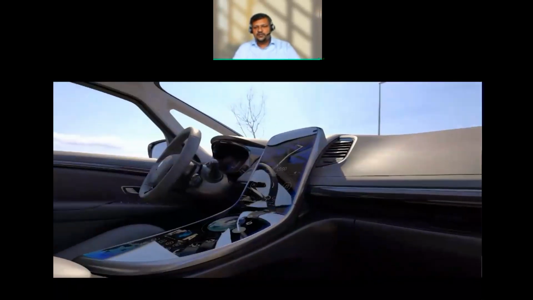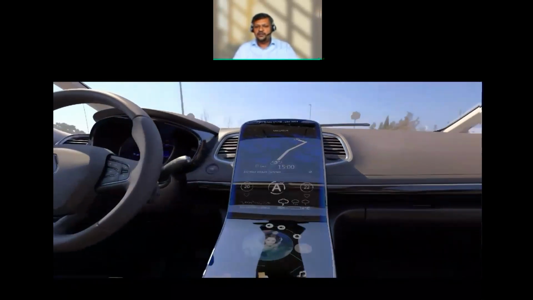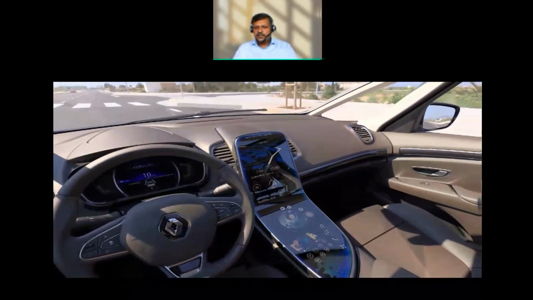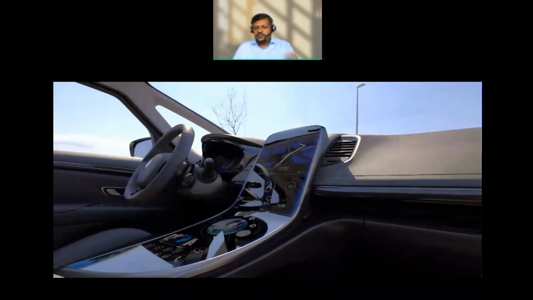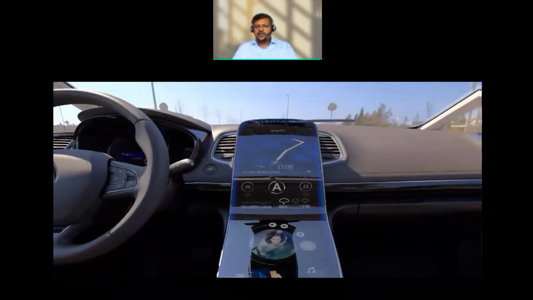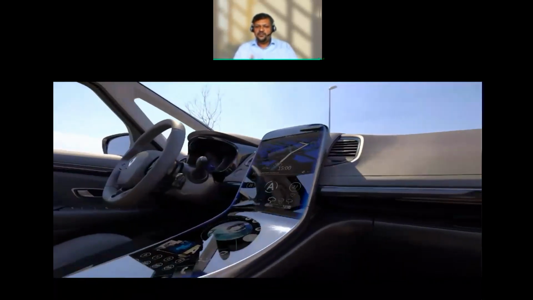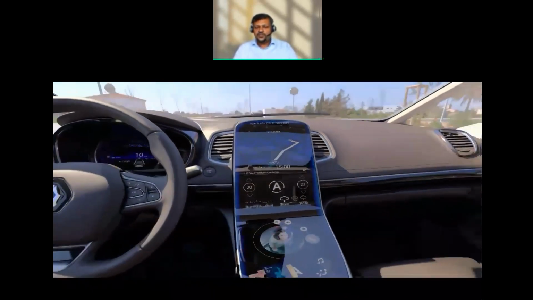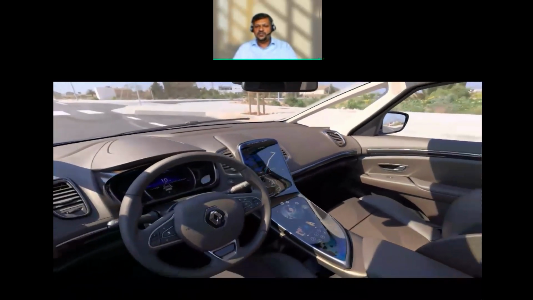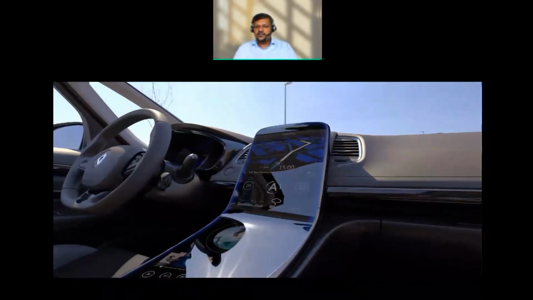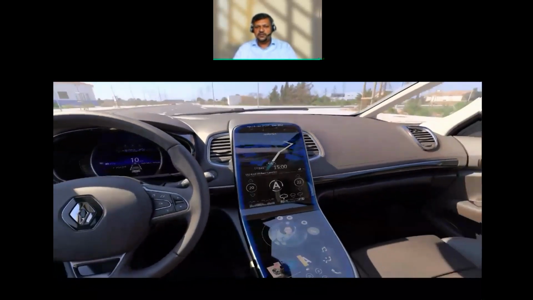Here we are looking at the visualization on a large display or a touch screen, and seeing how much glare there is from different visualization points. Even though the interest is in the driver's vision, we can create different vision points. That's not a limitation.